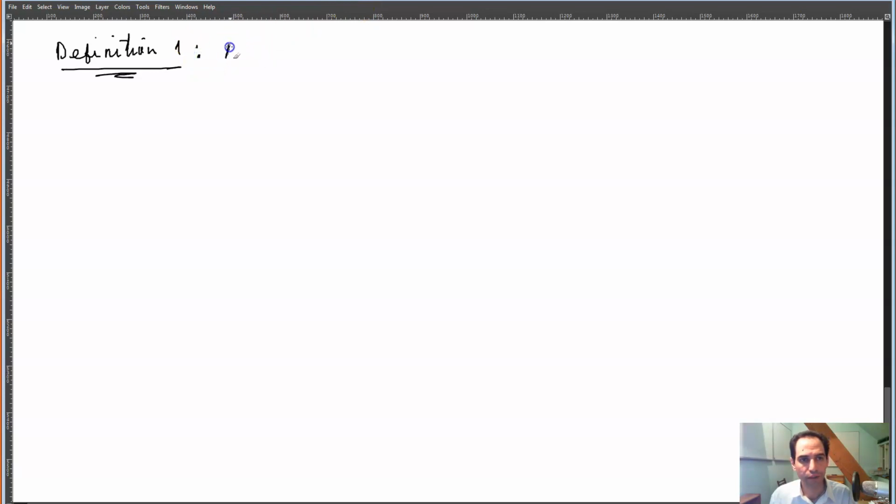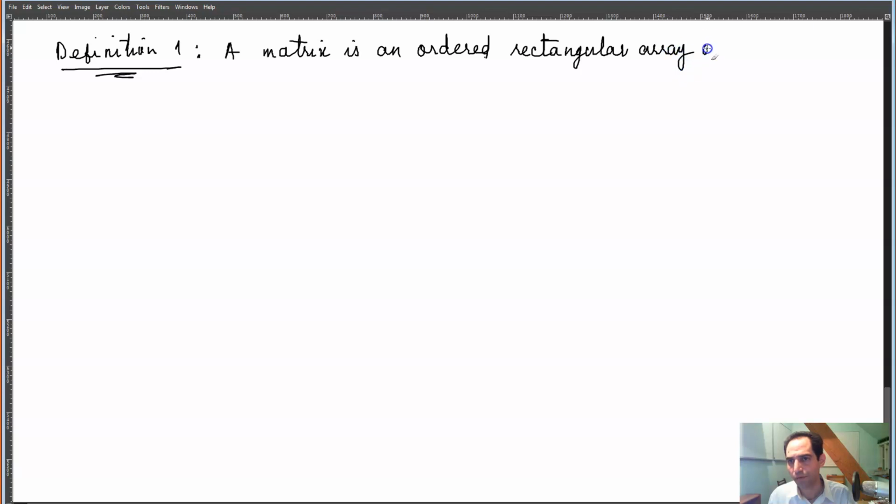A matrix is an ordered rectangular array of numbers or functions. Functions can also be taken as the elements of a matrix.